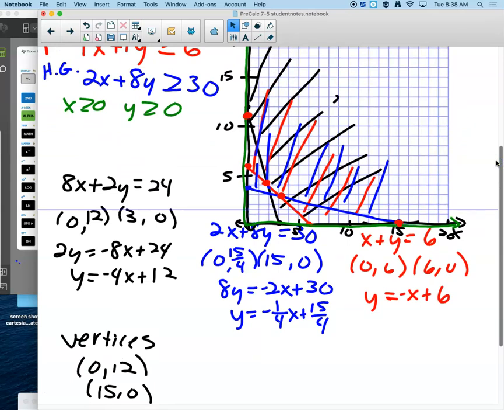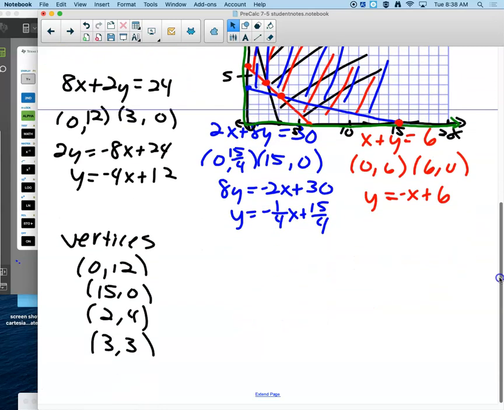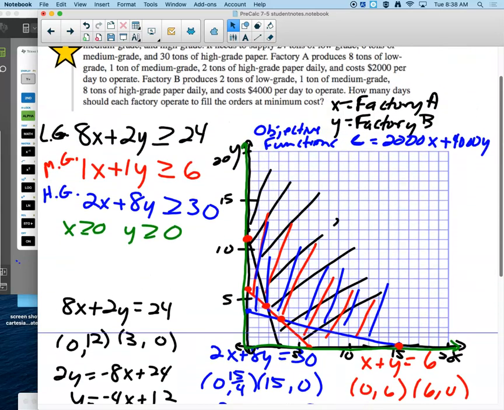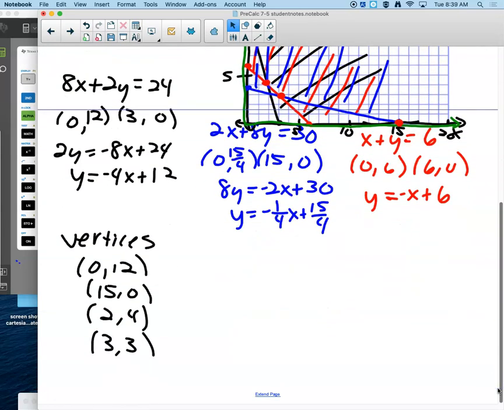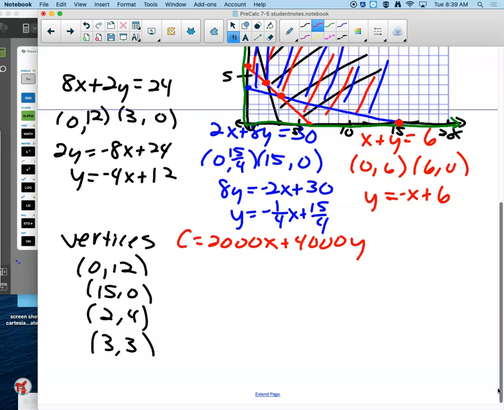So do we get them all? 1, 2, 3, 4. Got them. Now we just have to go back and pull that objective function. C equals 2000x plus 4000y. And plop these in.